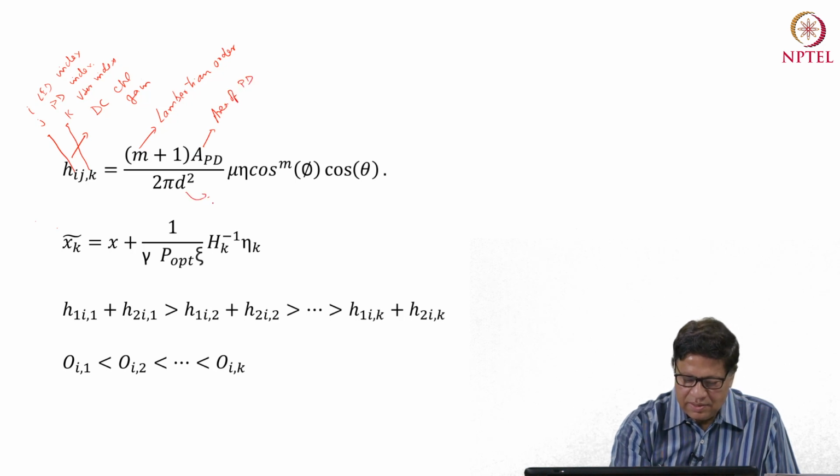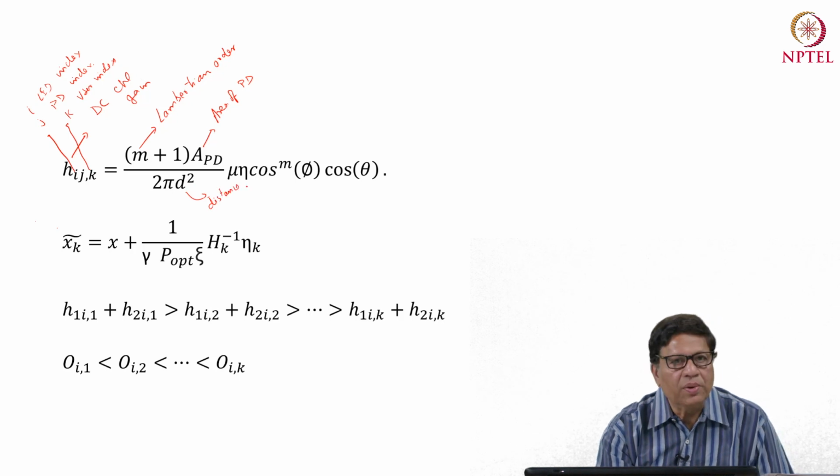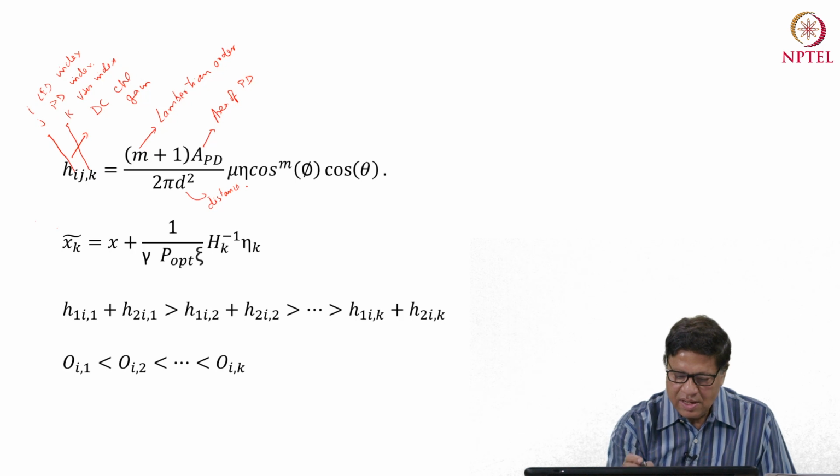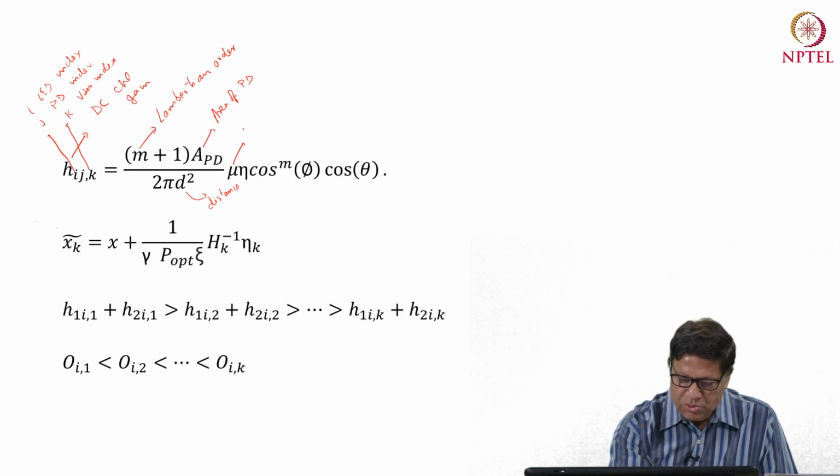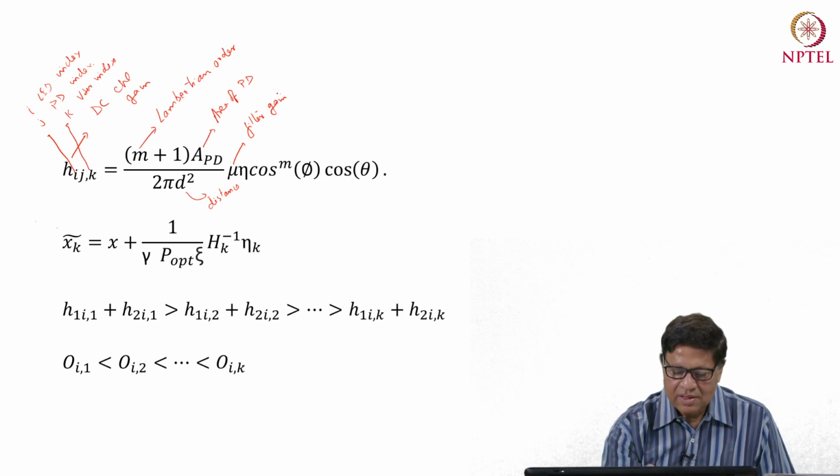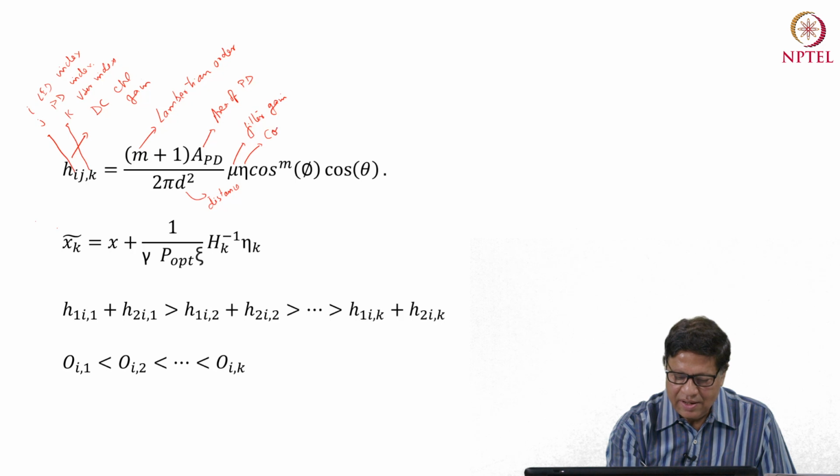And d is the distance between the ith LED and the jth receiver. So this is the distance. And this mu is the filter gain. You might be using some filter at the transmitter.